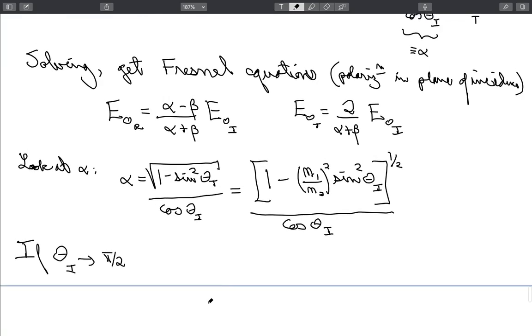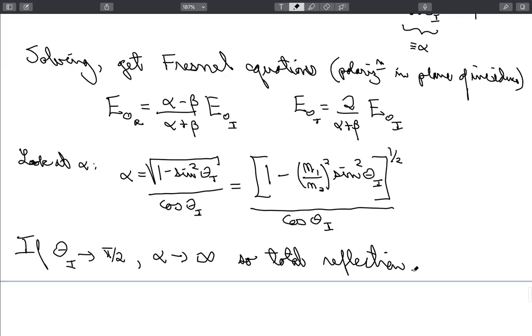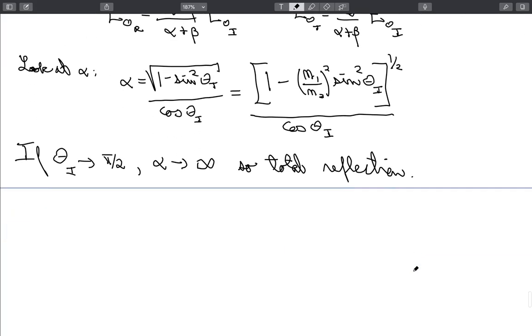Well, this alpha goes to infinity, because my cosine is going to go to 0 plus, and this thing here is strictly positive. If the ratio of these two things is different than 1, I maintain a finite number here, so alpha goes to infinity. But if alpha goes to infinity, then the reflected amplitude is essentially the incoming amplitude, whereas the transmitted one goes to 0. So what I get here is a total reflection. So that's one thing: grazing incidence gives you total reflection.